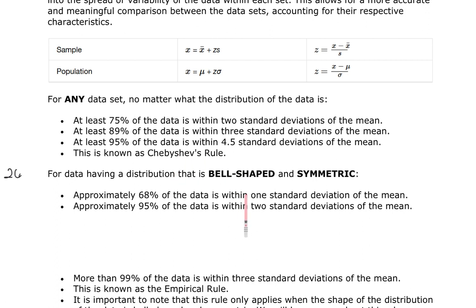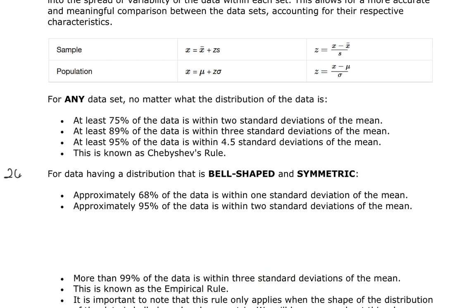What we're going to spend a lot of time on is bell-shaped or symmetric data sets, and this is slightly different. When we are looking at bell-shaped and symmetric, 68% of the data will be within 1 standard deviation, 95% of the data will be within 2 standard deviations, and 99% will be within 3 standard deviations, both below and above the mean.